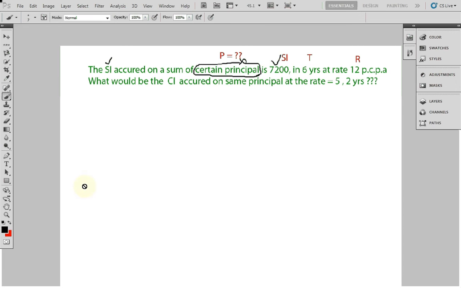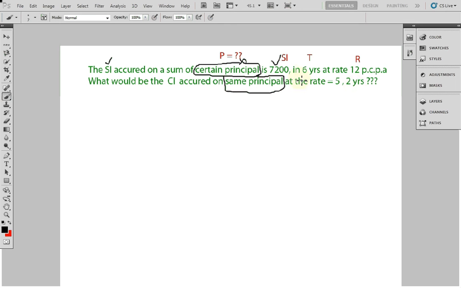This is the same principal. The principal is common, principal is equal. If the principal is x there, here the principal will be x. If it is 100 there, here it will be 100. If it is 200 there, here it will be 200. There is no change in principal. Okay, we have to calculate compound interest. Here for us rate is given, time is also given, it's 2 years.